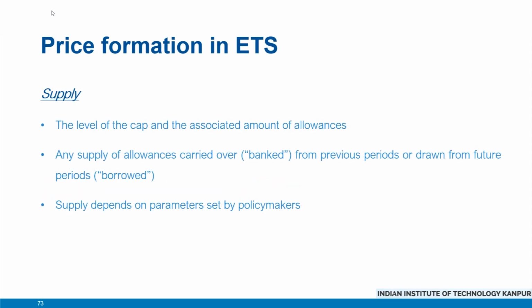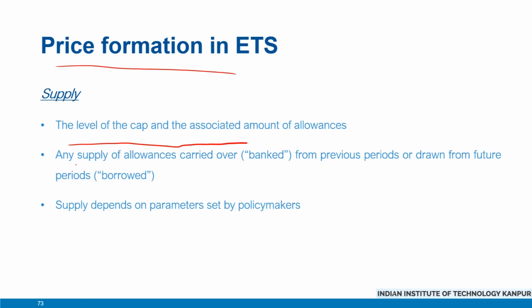Let us start with the supply-related factors that affect price formation in an ETS. The total supply of emission units at any given point of time depends on various factors. These include, first, the level of the cap and the associated amount of allowances. These allowances are allocated either freely or through auctions.